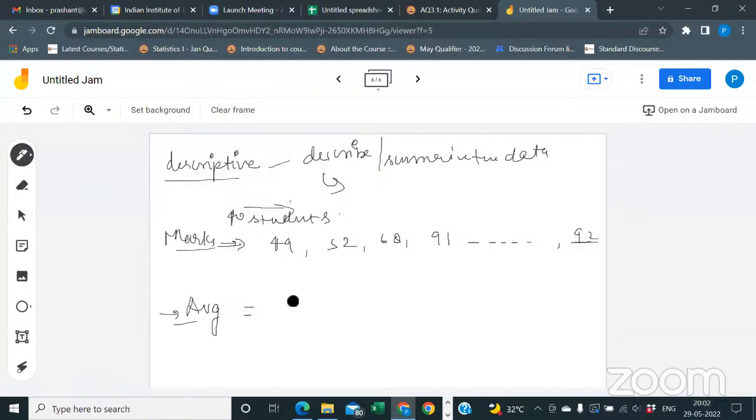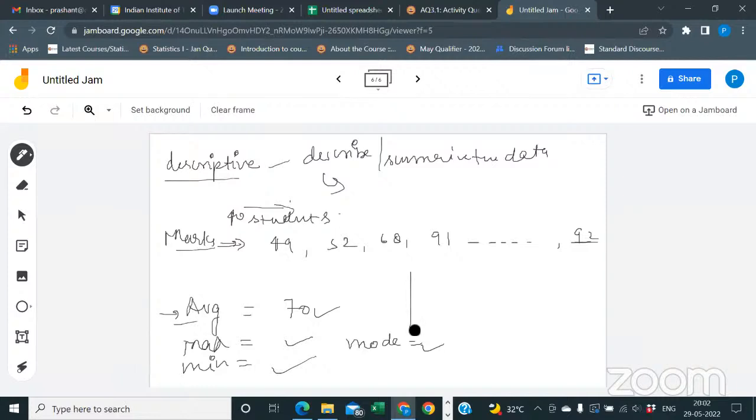You find the average of the marks is 70. You can calculate the maximum marks, the minimum marks, the mode, the median. So this is descriptive statistics.